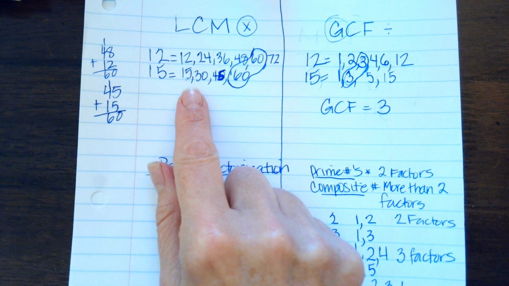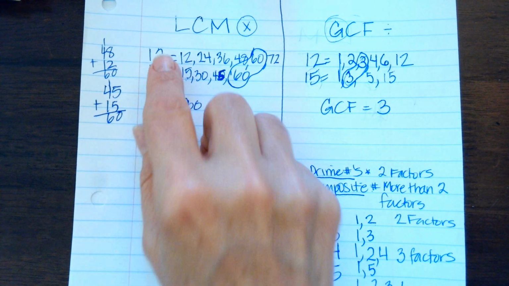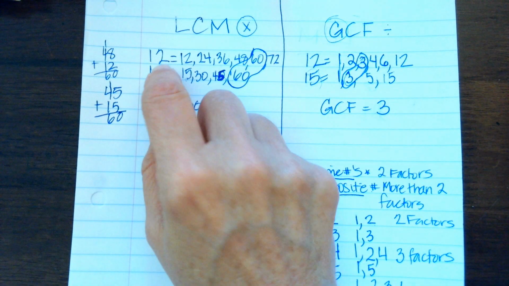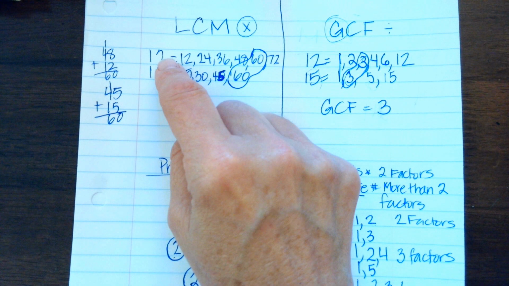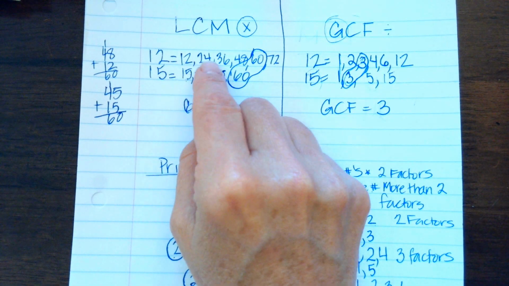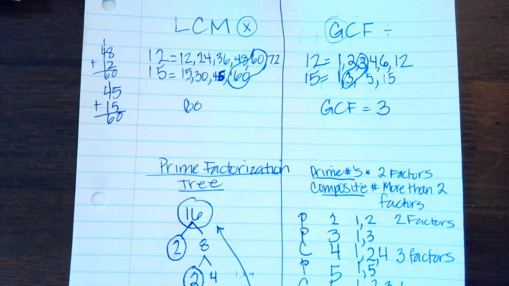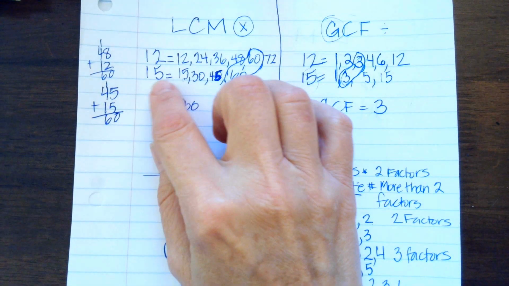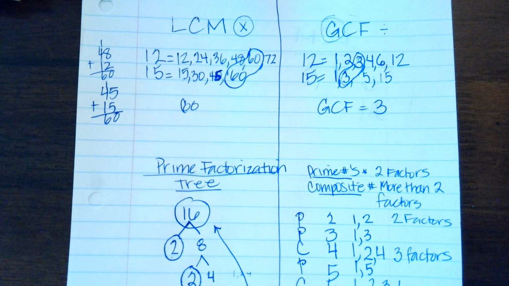Yep. And this is what yours is going to look like. So you're going to, instead of writing a 12 and a 15, you're going to write 6 here and 24 here. And you're going to count up by 6s until you get a common number. And then you're going to count up by 24s until you get a common number. And then they have to be the same?